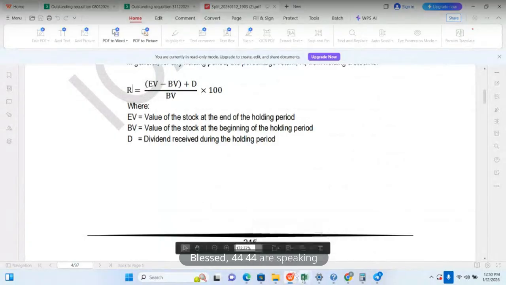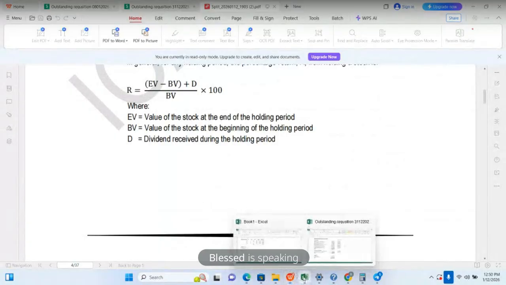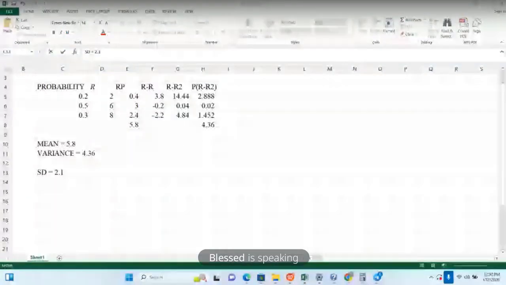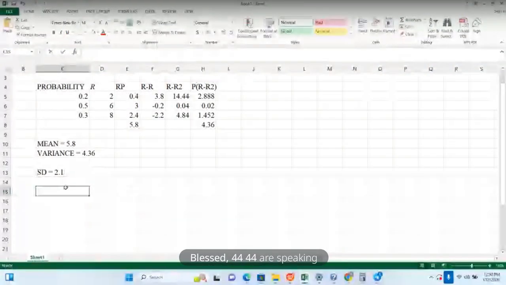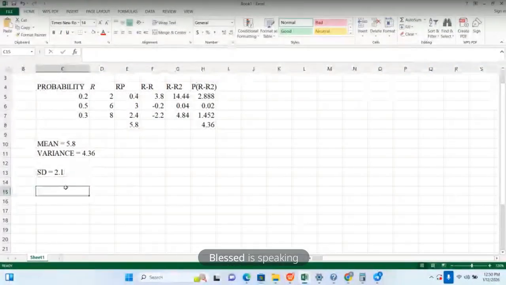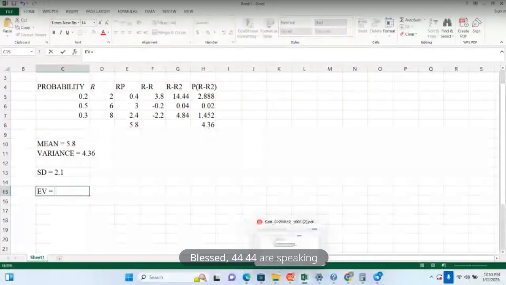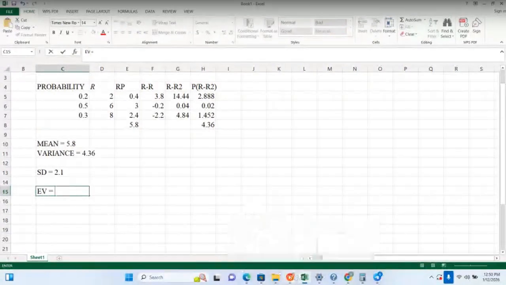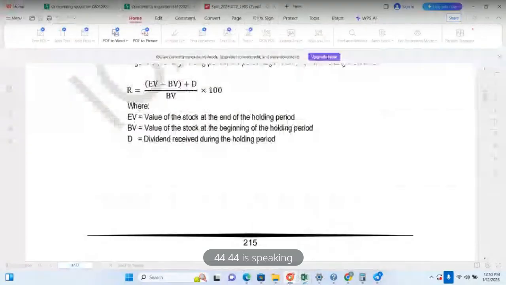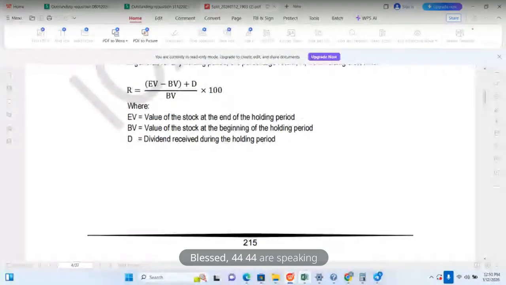So let us try to write out the parameters. What's our EV?